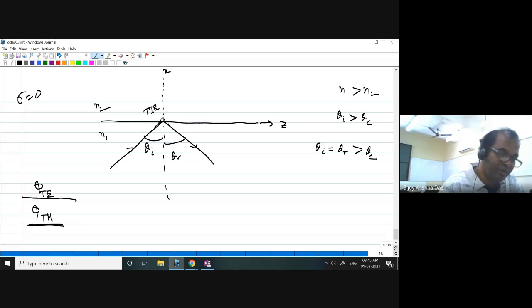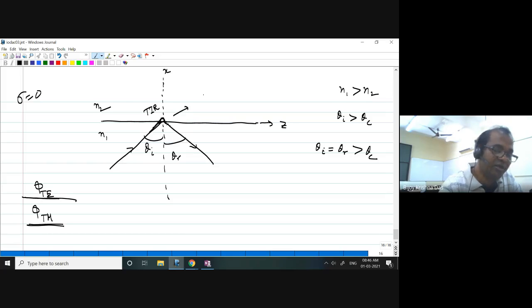The electromagnetic wave penetrates a bit, and slowly it should attenuate. The field strength will be attenuating as you go deeper and deeper into the second media, and that attenuation is reflected in whatever energy is reflecting back. So that is called some kind of delay happening here. When it is hitting here, it shifts a little bit and then comes back.